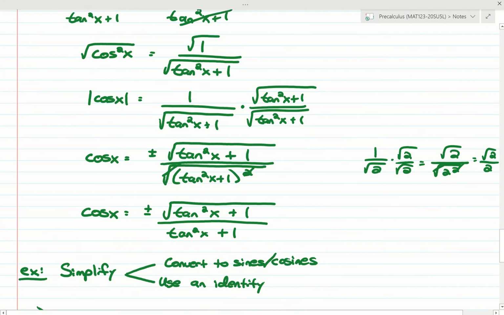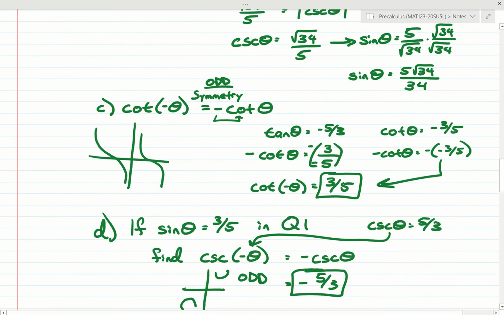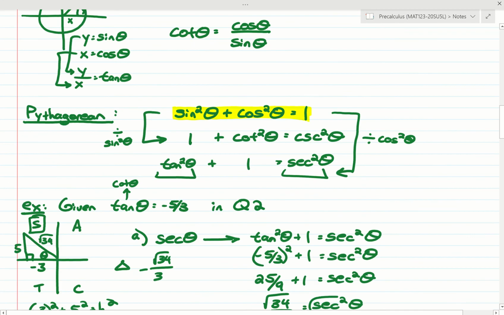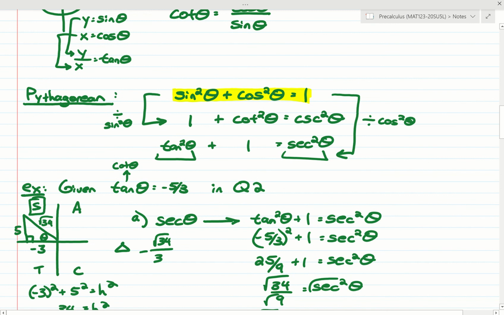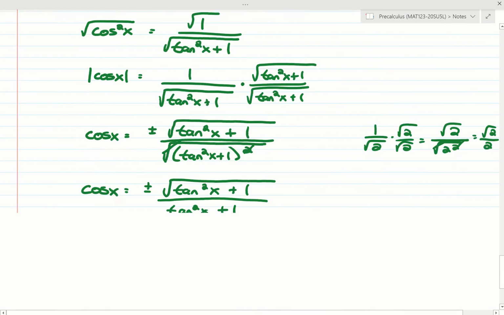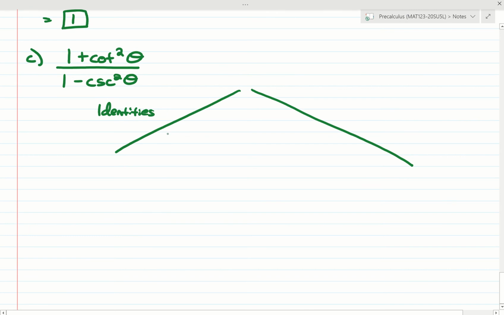Let's sneak back to our identities. And we had them right here. 1 plus cotangent squared is cosecant squared. And we have 1 minus cosecant squared.